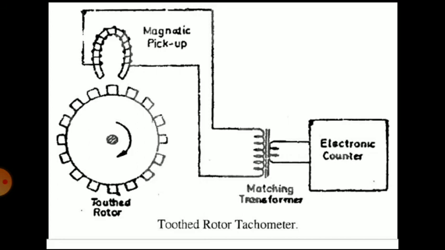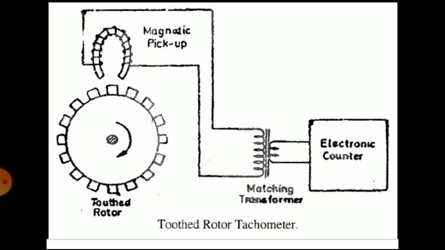The frequency of the pulses of induced voltage will depend upon the number of teeth of the rotor and the speed of rotation. Since the number of teeth is known, the speed of rotation can be determined by measuring the frequency of pulses with an electronic counter.